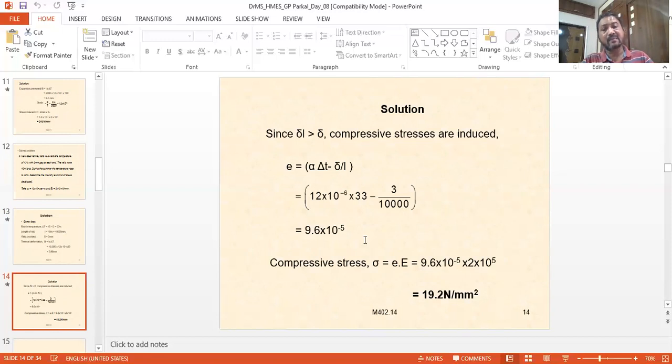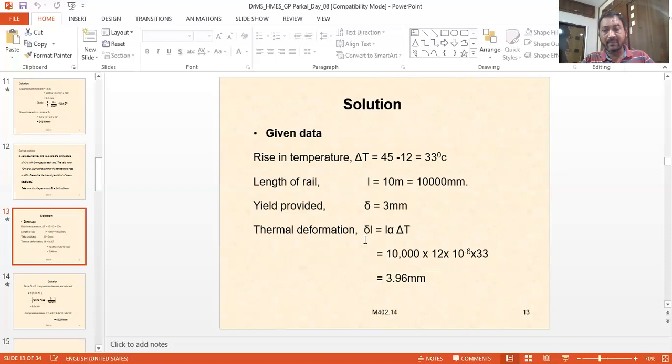So up to 3 millimeters it will not cause any stress, and because it has increased to 3.96, the 0.96 millimeters, which is not allowed by the other side rail present, will cause the stress.